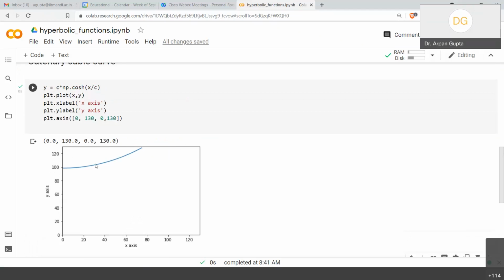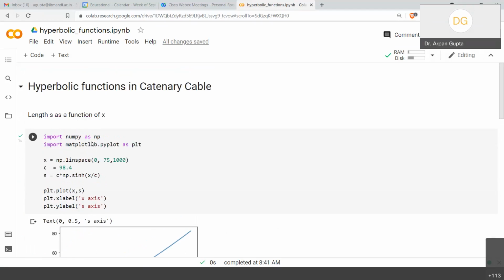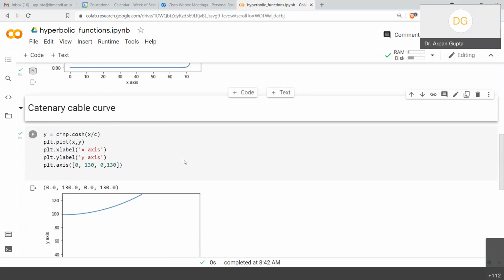In fact, these curves are very close to exponential curves, just that we are in a range which is a little less, but actually these are quite exponential curves. From an experimental point of view, if I make the value of C very small, you will see that it goes exponentially very high.